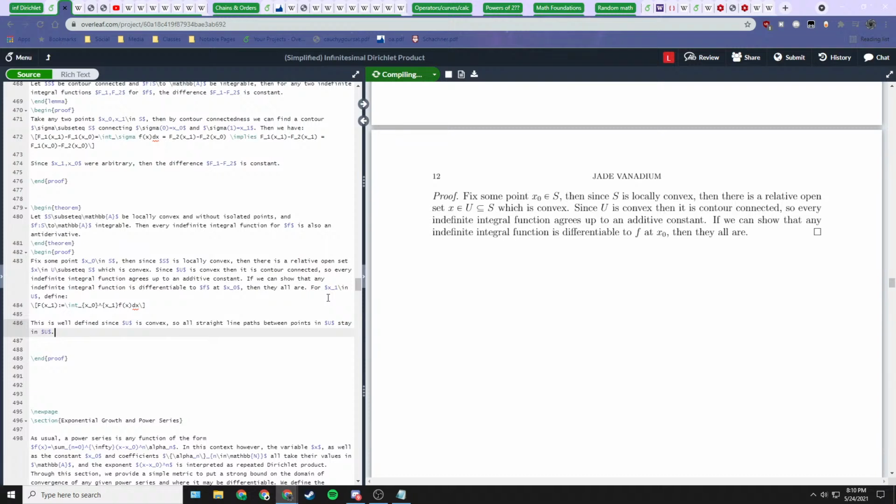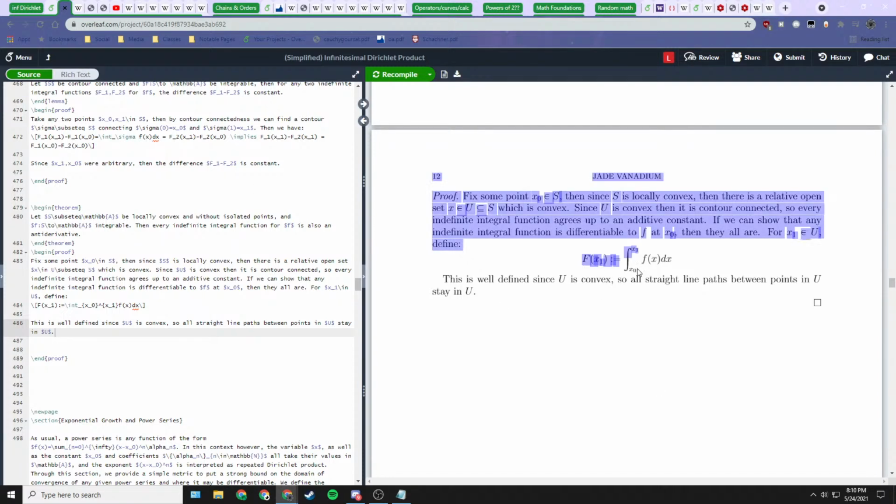Okay, so essentially the indefinite integral function that we're going to use is just this capital F function. We fix some point x0, and for each other point x1, we just take a straight line path and integrate across that straight line, and that's our indefinite integral function.